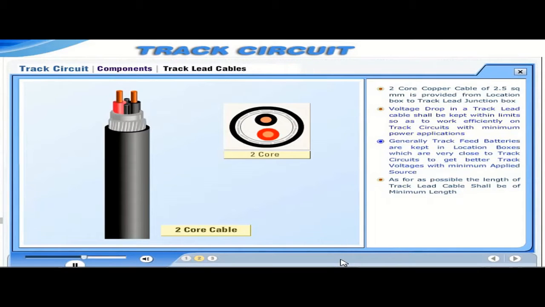Generally, track feed batteries are kept in location boxes which are very close to track circuits to get better track voltages with minimum applied source. As far as possible, the length of track lead cable shall be of minimum length.